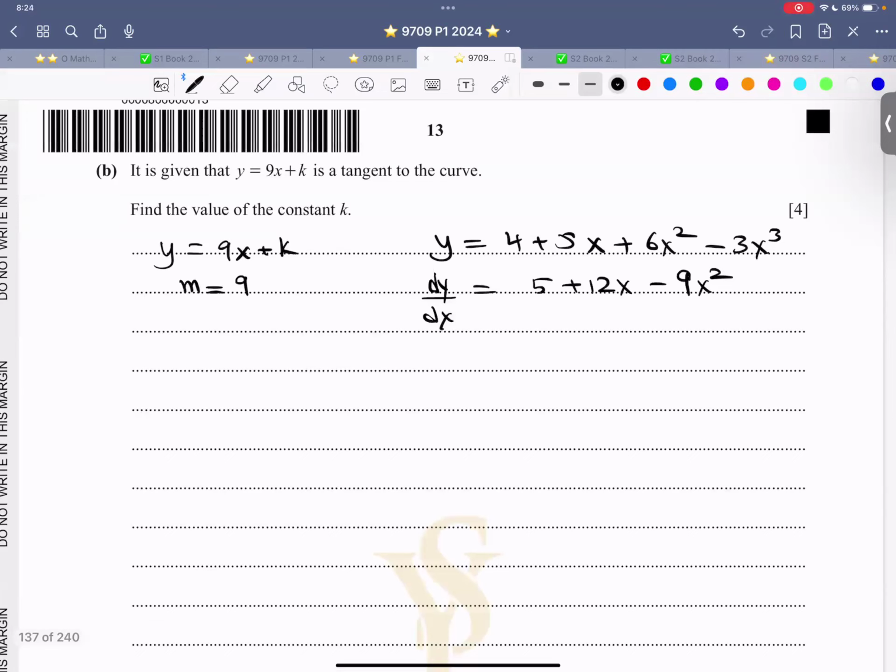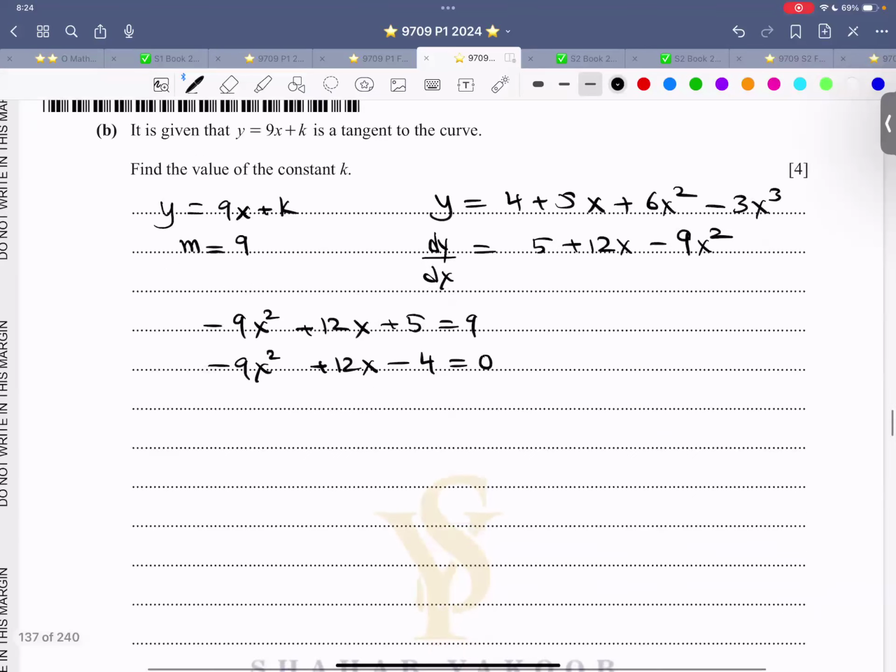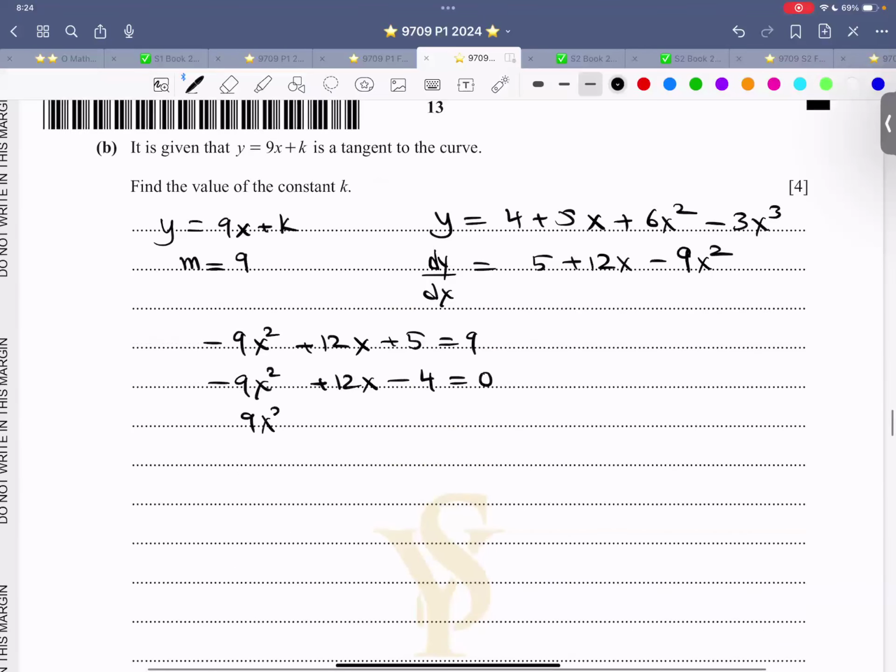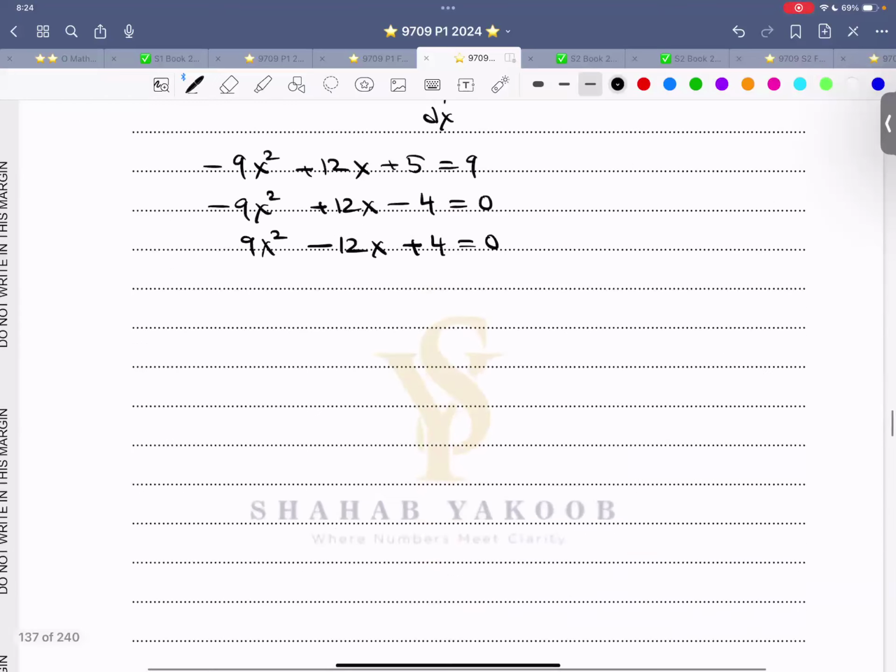If I equate this to 9, negative 9x squared plus 12x plus 5 equals 9. Negative 9x squared plus 12x, 5 minus 9 is negative 4, equals 0. This is 9x squared minus 12x plus 4 equals 0. 9 4s are 36. 9x squared minus 6x minus 6x plus 4 equals 0.